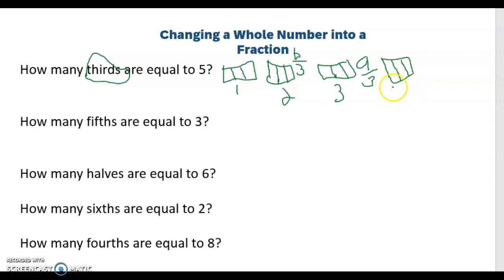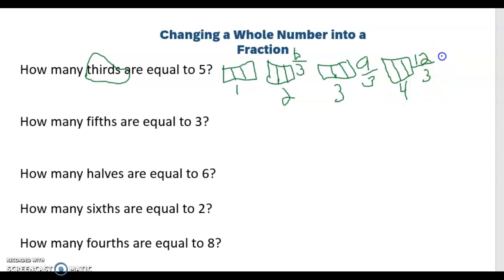Now we have 9/3, 10/3, 11/3, 12/3. And how many wholes do we have? 4. Good.